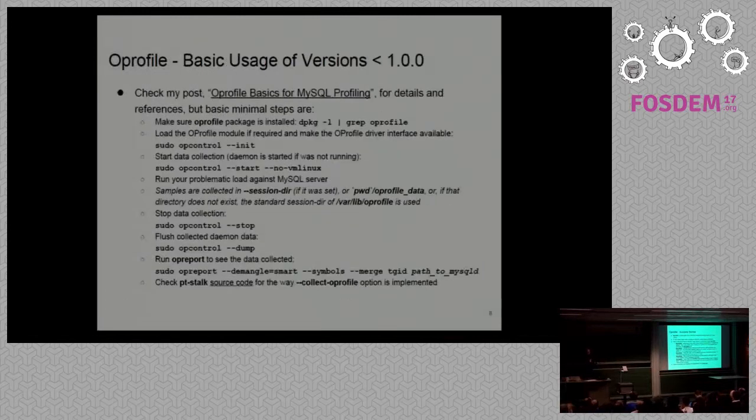OProfile is actually easy to use, but you should know there are two kinds of OProfile. OProfile up to version 1.0, the old one, is based on a separate daemon that is started and polls events by timer, collecting them, and then you can process them. Then the creators of OProfile, after perf appeared and successfully used CPU instrumentation, were able to get lightweight profiling.